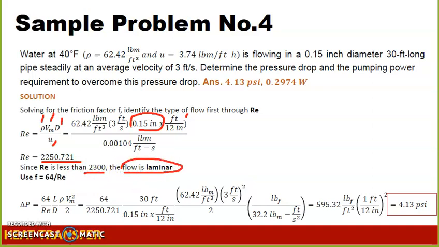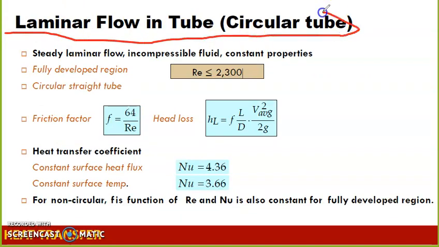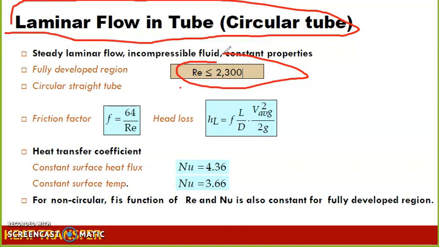So let's look for the formula for finding F if the flow is laminar. For laminar flow in a circular tube, again the Reynolds number should be less than or equal to 2,300.